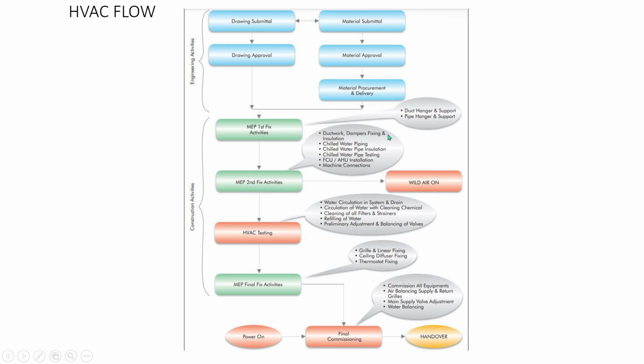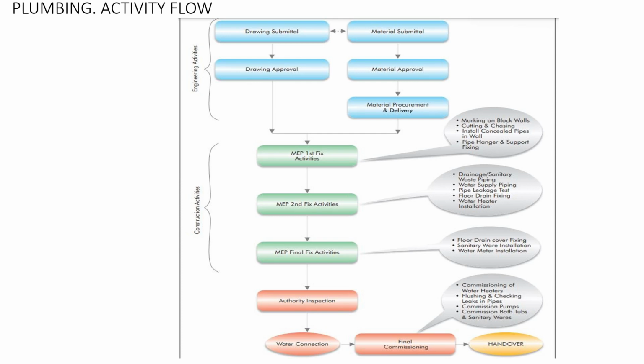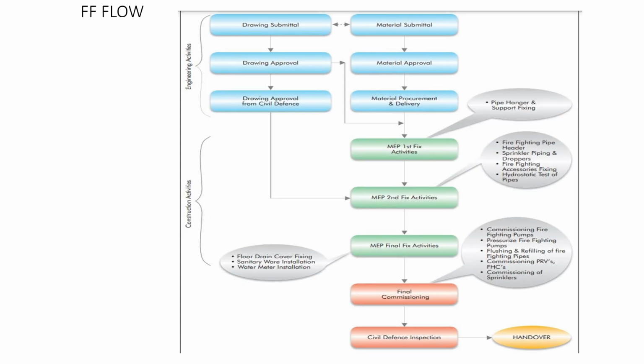Here you can see what comes under the first fix materials, what are the second fix materials, and what are the third fix materials. So this is the overall flow of HVAC. And also this is the overall flow of plumbing materials, and this is the overall flow of the firefighting workflow.